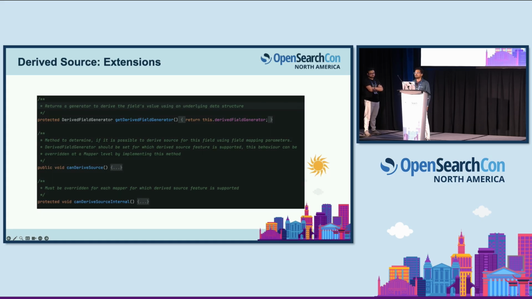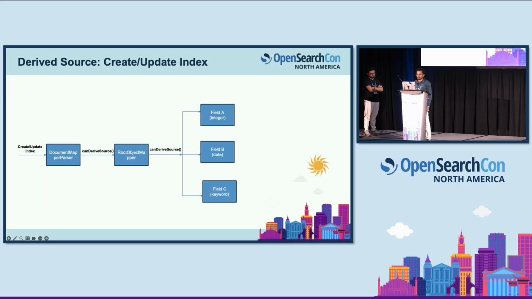That is inside the canDeriveSource function, and in the derive source generator we basically define how to regenerate it back to the original format using multiple data structures like doc values and stored field. So by extending these methods, it can be extended for other field types which are not supported as of today.